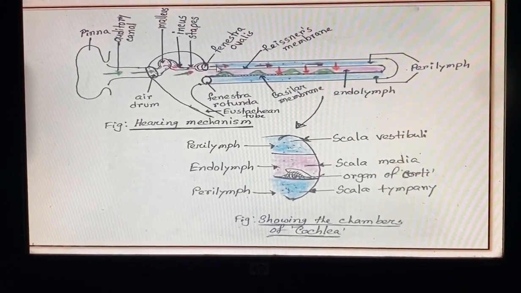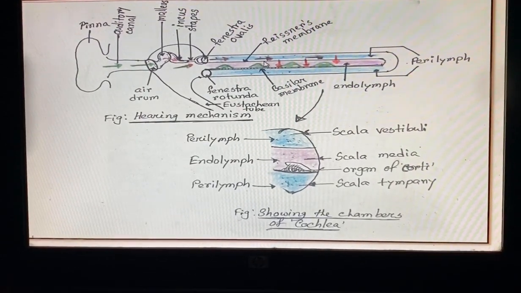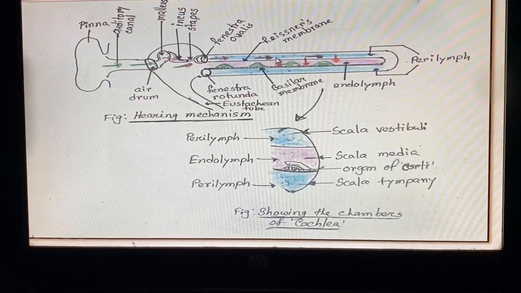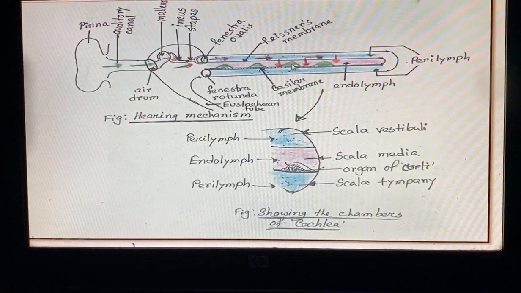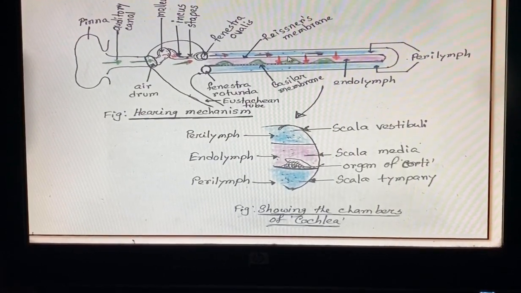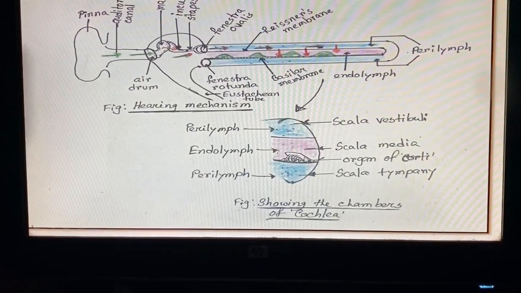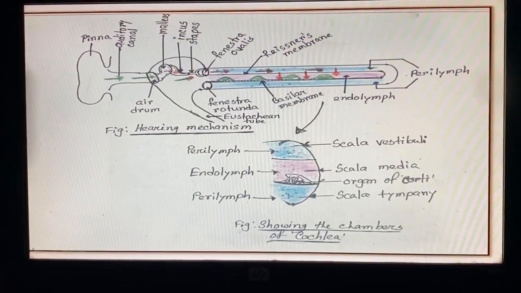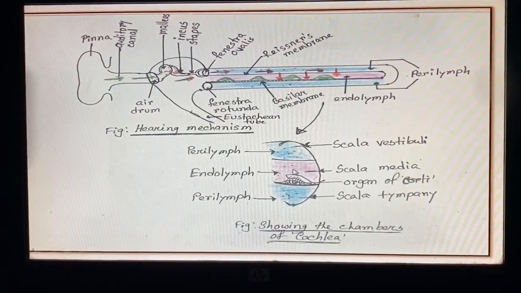When the sound vibration comes to this layer, it compresses the membrane towards the lower surface, which allows the part of the organ of Corti to be sensitive or to transmit the signal, right?